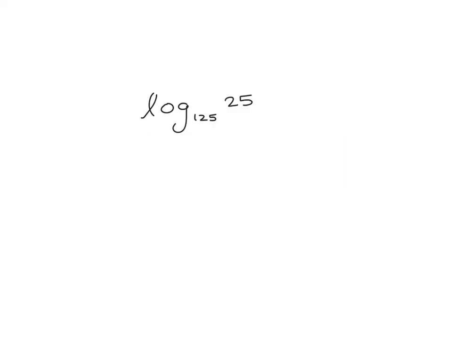And let's do one example where we use the change of base formula. When I look at this, I know that the square root of 125 is not going to give me 25. So I don't really have any options right now, so I might use the change of base to help me. I know that I can rewrite this as log of 25 divided by log of 125.